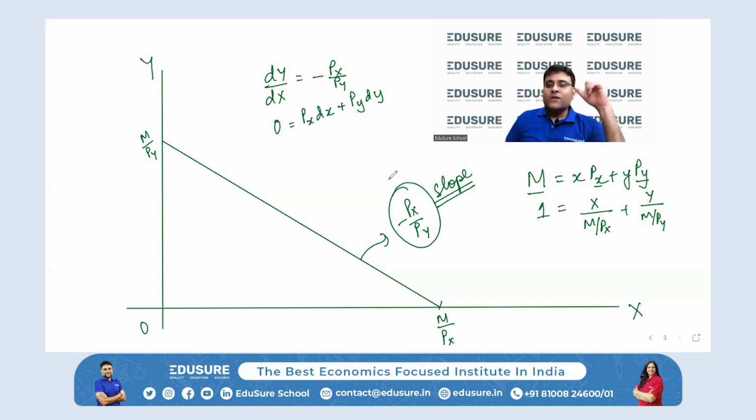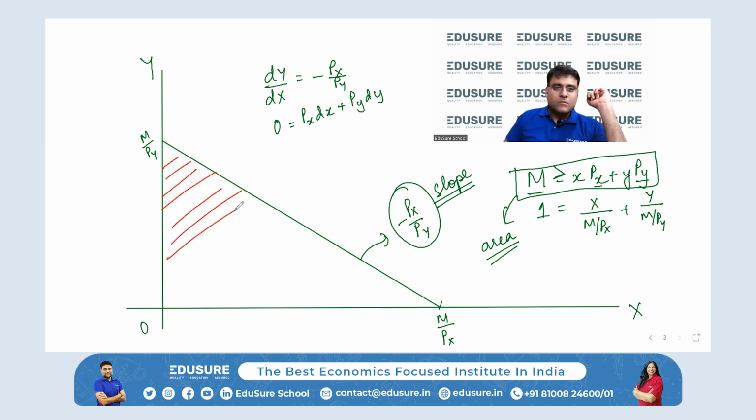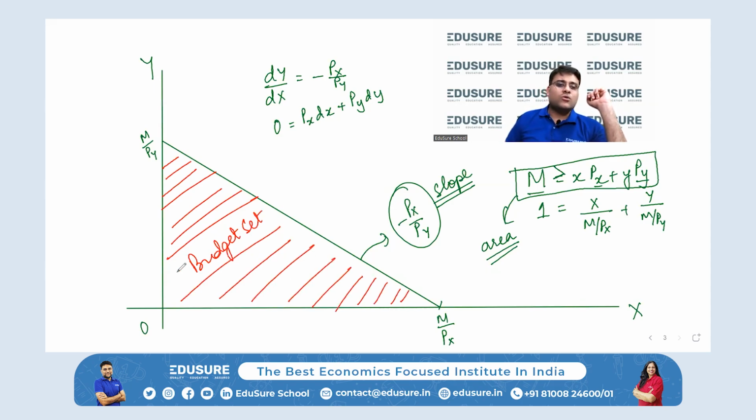Clear? Now, what is the budget set? Budget set is basically M greater than or equal to XPX plus YPY. The area that this represents is the budget set. It is all XY combinations that are below the budget line. That is the budget set.